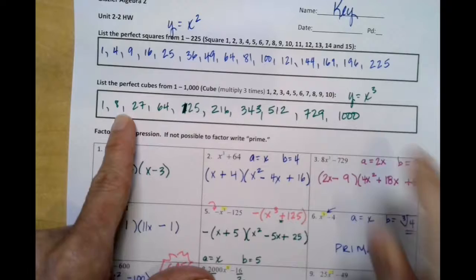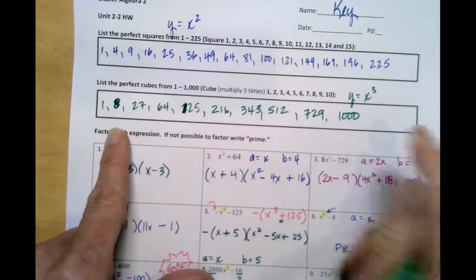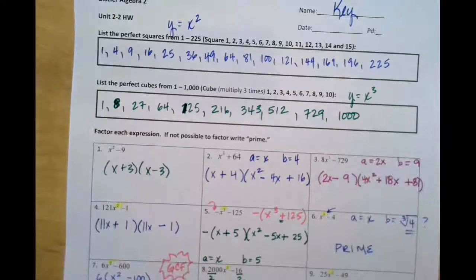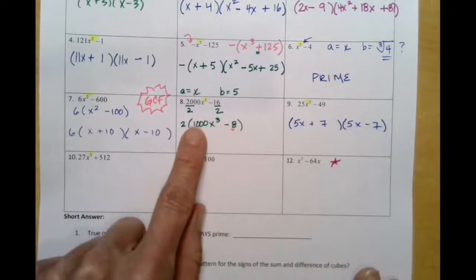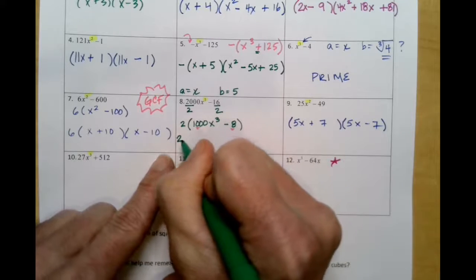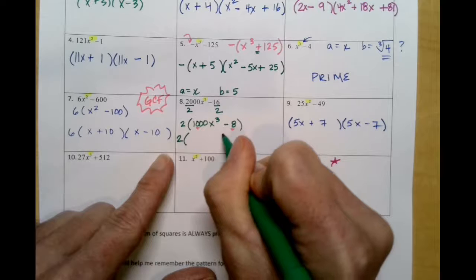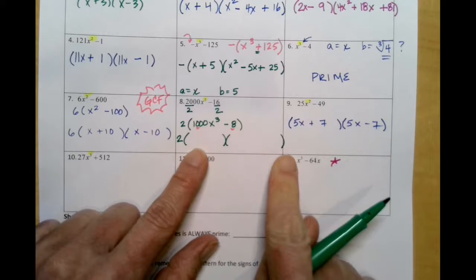Do you see how they're each in my friendly numbers? So this 8 here, you can blow him up, and this 1,000, those are the perfect cubes. Those are my best friends. Those are the numbers that I look for when I'm doing math. So this 2 hangs out as a coefficient. Here's my binomial, and here's my trinomial parentheses.